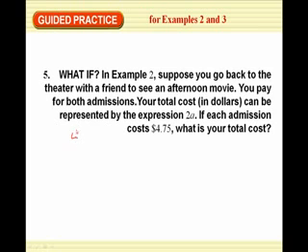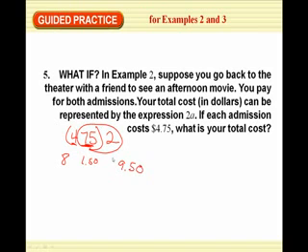So you're just going to take $4.75 times 2. So double that. I would probably take 4 times 2 and get 8, and take 75 cents times 2 and get $1.50. So it would cost you $9.50 for both of you.